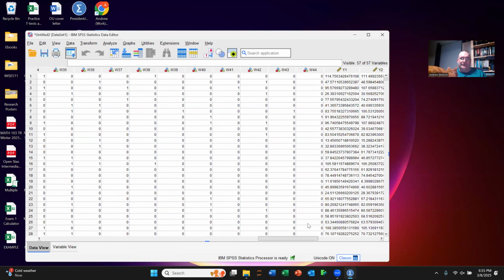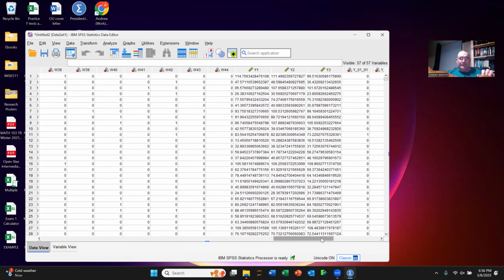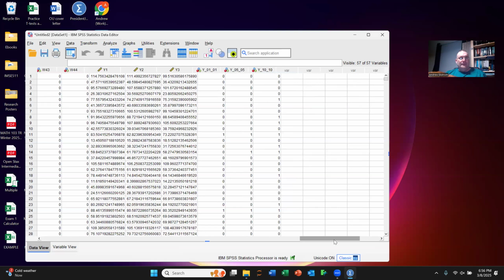So we're actually looking at 50 different variables. W1 through W44 are the wrong variables. They do not belong. They should not be there. R1 through R6 are the right variables. And then I've got Y1, Y2, Y3, and some other stuff here.